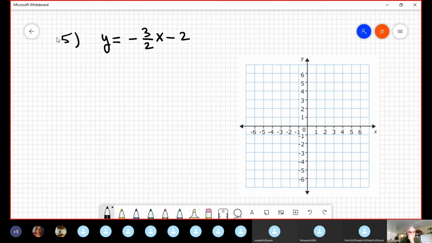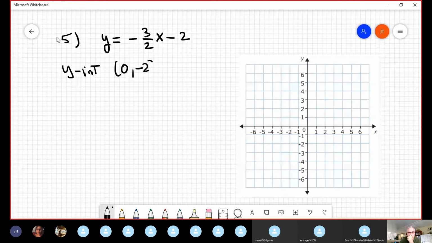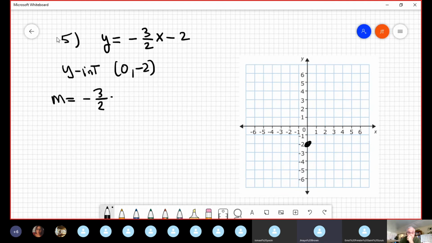What is the y-intercept? 0, -2. Very well. I plot that here on the y-axis. What is our slope? -3/2. I got the 3/2.